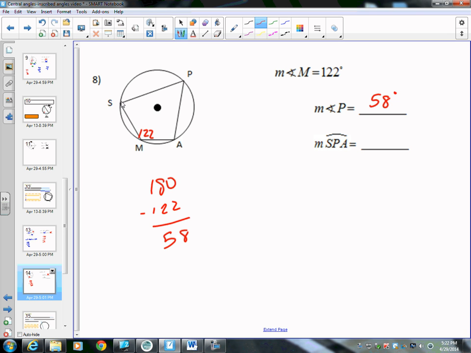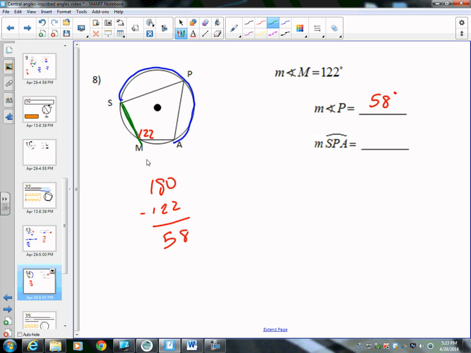Then how would I find the arc from S around to P and around to A? My drawing is actually terrible. Let's try again. Okay, from S around to P and around to A. It's a little better. So this arc all the way around. If you look at this, the angle SMA, I'm going to go ahead and highlight it.